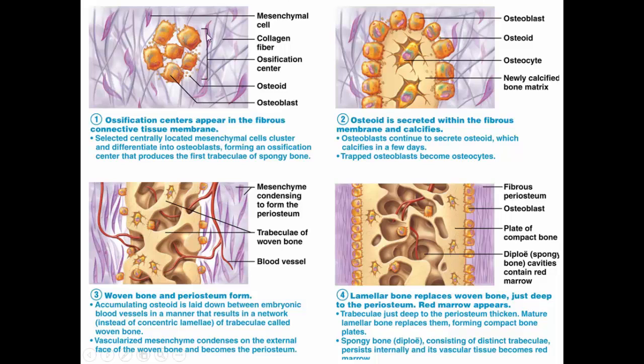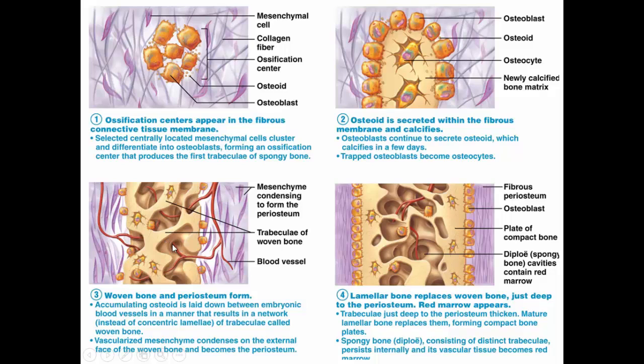So here is our membranous bone laid down with mesenchymal cells. Some of these differentiate into osteoblasts. They secrete osteoid, and as this calcifies, the cells get trapped in the matrix and become osteocytes and will maintain this matrix. We have this going on in several places in any flat bone.